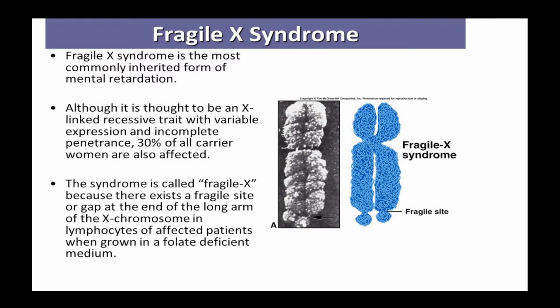The syndrome is called Fragile X because there exists a fragile site or gap at the end of the long arm of the X chromosome in lymphocytes of affected patients when grown in a folate deficient medium.